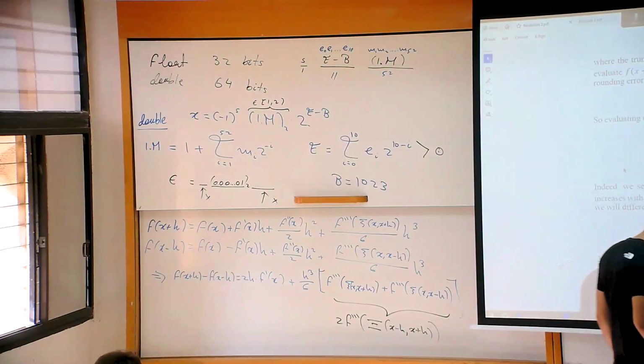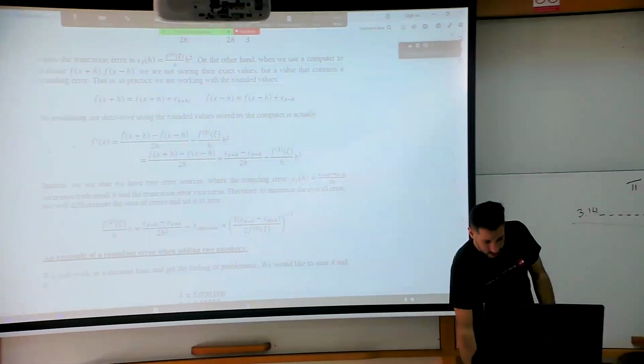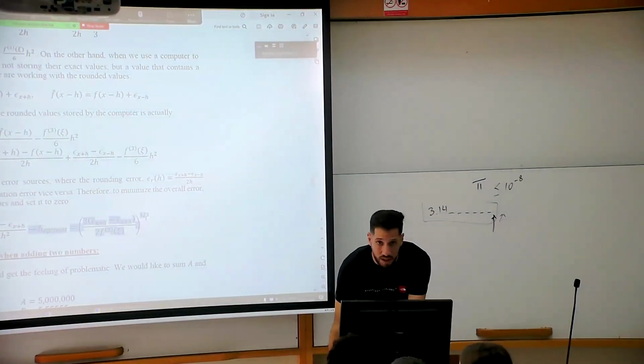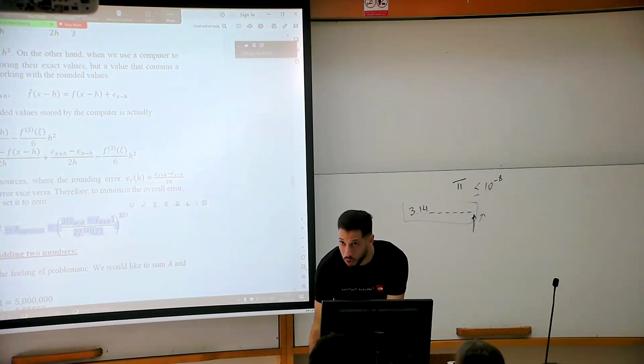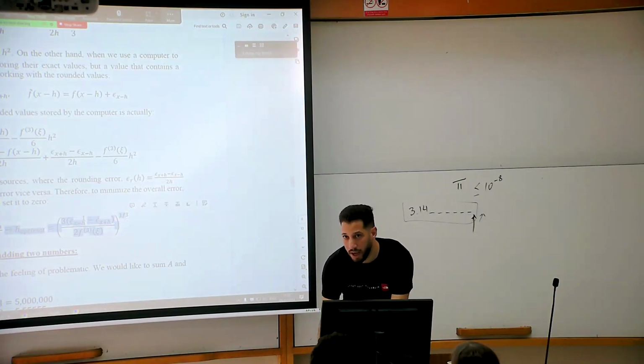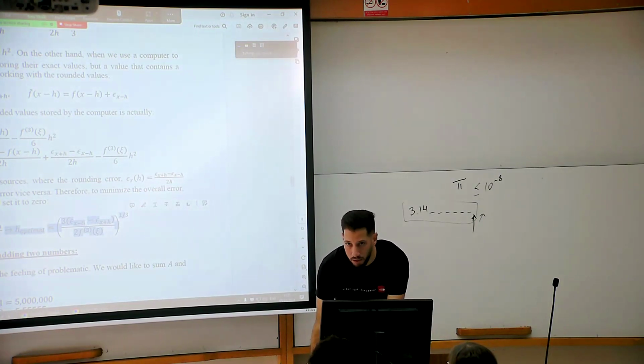So one calculation of this is not good. We have to do iterations with a hope. And that's why I again say you can drop that error.